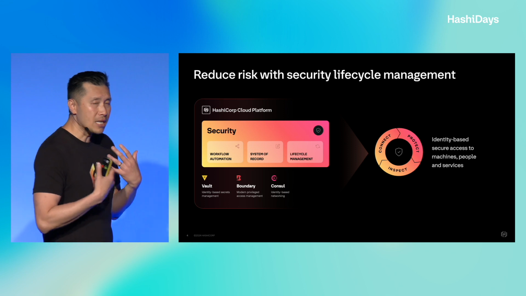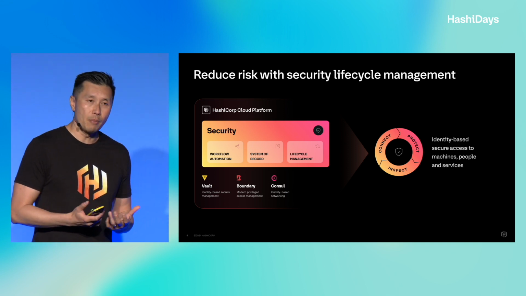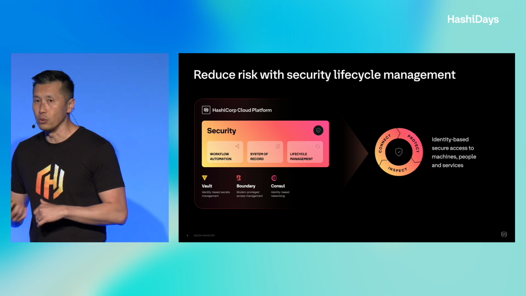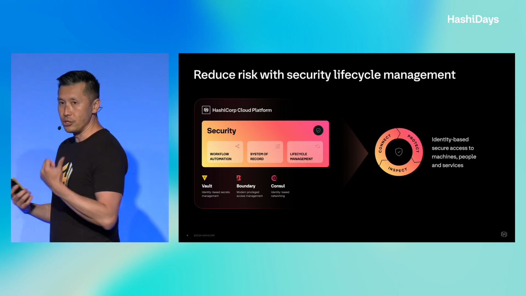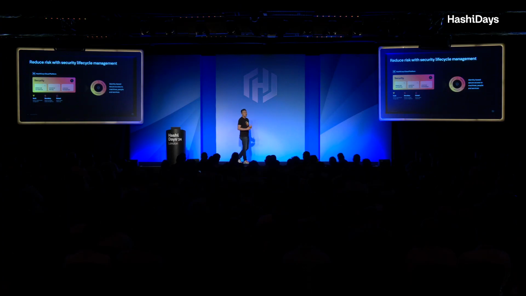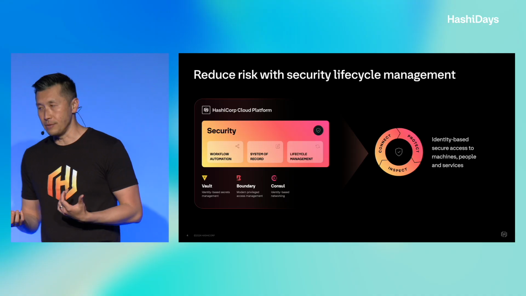So from our standpoint, we have the HashiCorp Cloud Platform that includes a suite of tools to help with this. As you all probably already know, we have Vault for identity-based secrets management. We have Boundary for modern PAM, modern privileged access management. And we have Consul for identity-based network security using Consul service mesh.